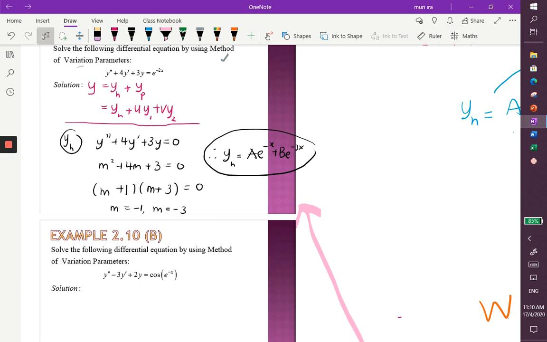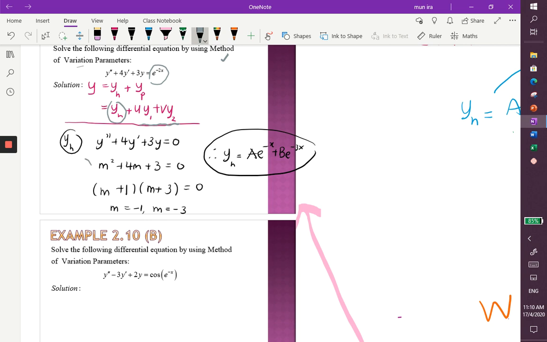Okay, so take a look at how to solve this one. Find yh first, and then you need to find your yp, which is uy1 plus vy2. So for yh we have y double prime plus 4y prime plus 3y equals 0, by equating f(x) equals 0 so that we have the homogeneous solution.